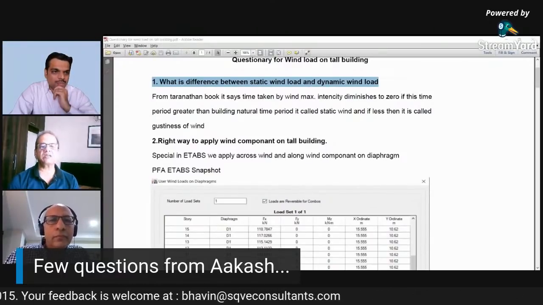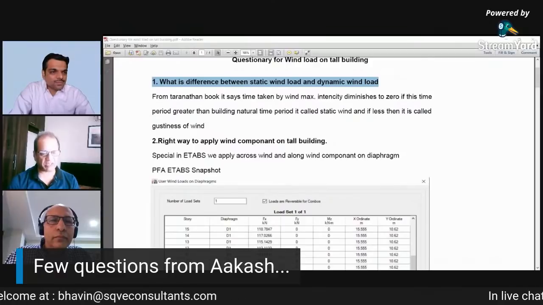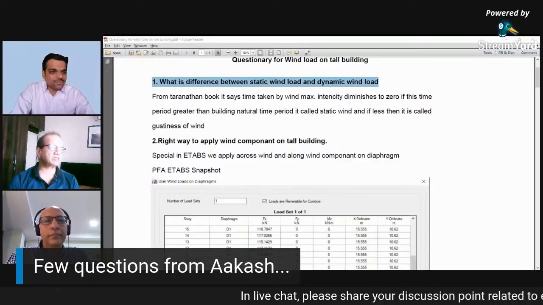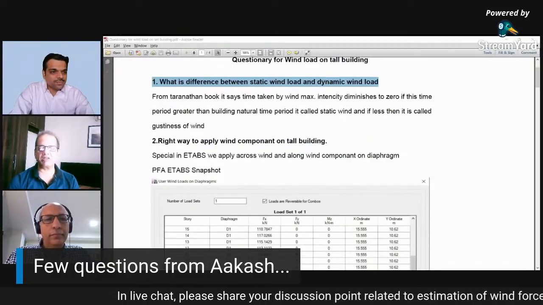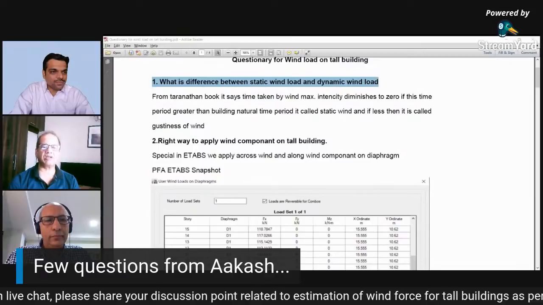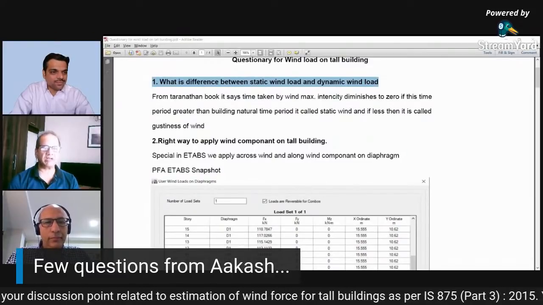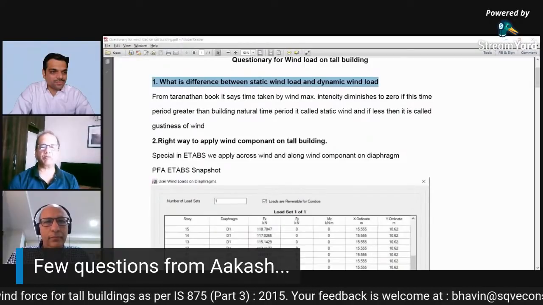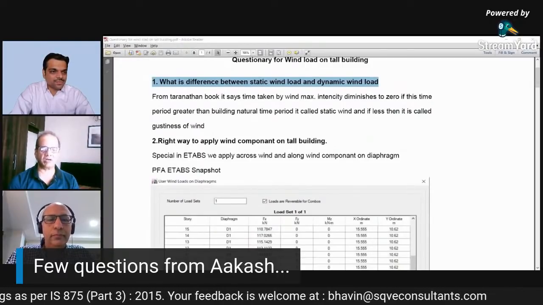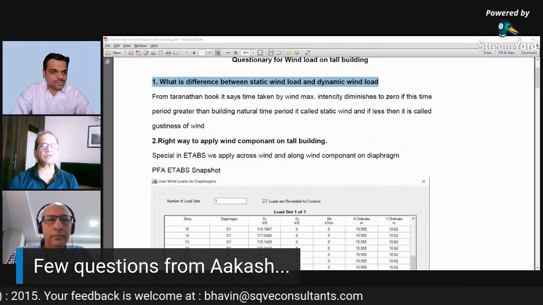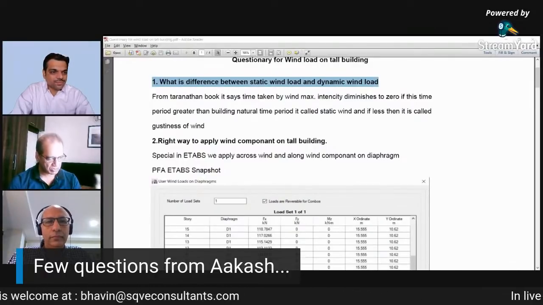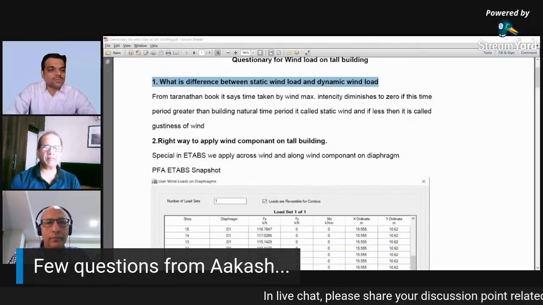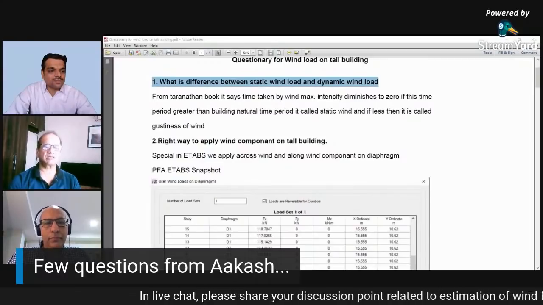See, the time period of oscillation of the building is important. Correct. If my building is flexible, if my building is dynamically vulnerable, and the dynamic susceptibility is because of those two parameters, height more than 5 and frequency less than 1 hertz, and the building is about to oscillate under lateral force, then a dynamic response has to be considered.